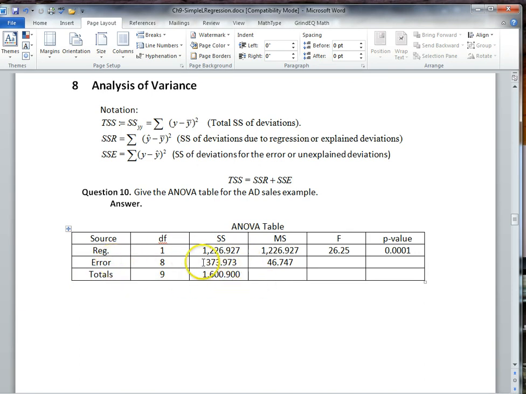We computed the error term, so the difference would be this one here, and these are the corresponding degrees of freedom. For the total, we used y bar, so we have n minus 1, we had 10, so 10 minus 1 is 9. For the regression, because we have only one variable to explain our variability, that's 1 degree of freedom, and the difference, 8, is the one for the error term.